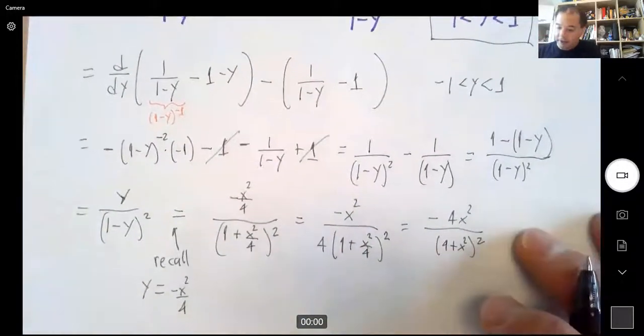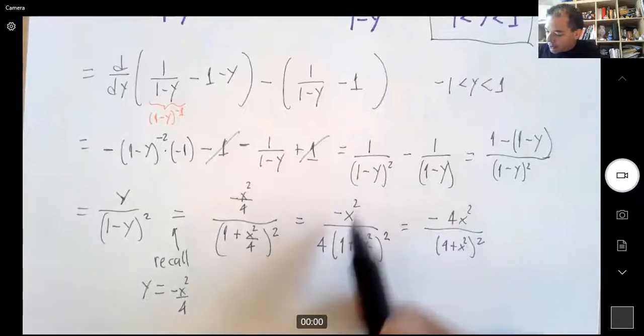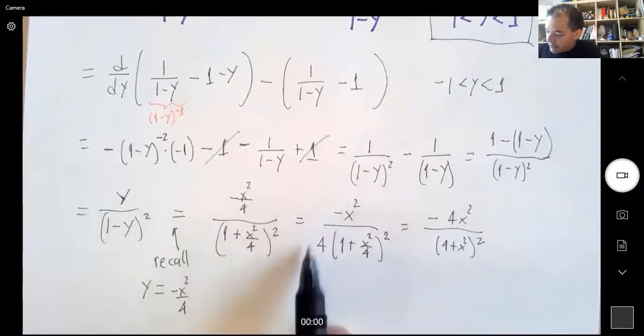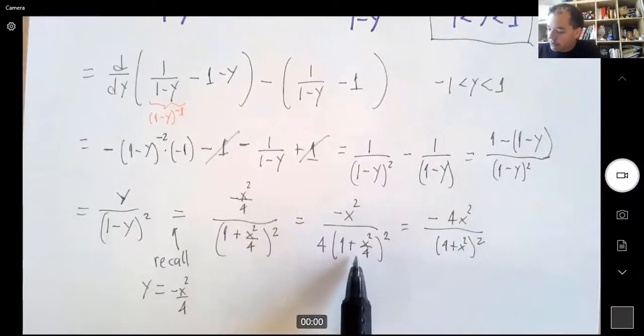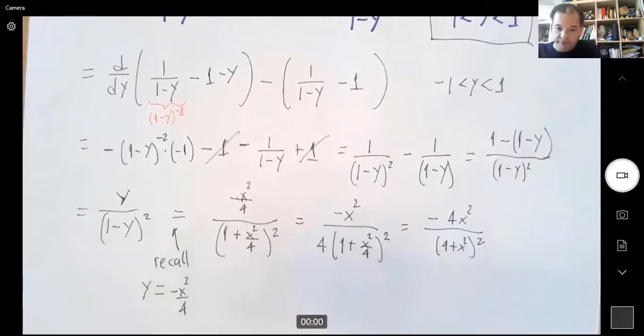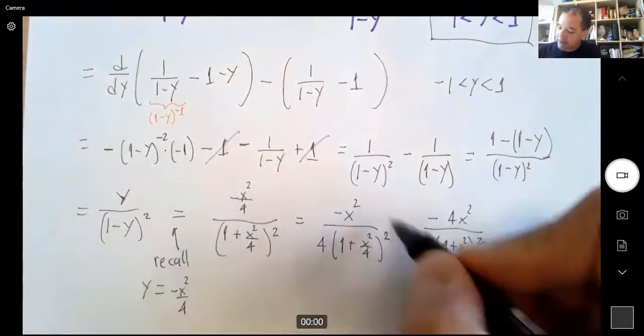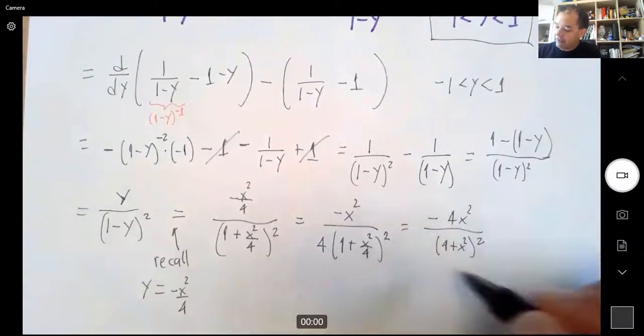That's if I multiply top and bottom by 4, and then that 16 I put inside the square as a 4, and then 4 times x squared over 4 is just x squared, right? That's what you do from here to here. It's a simple simplification, but you can leave it here. That's fine. All right, and so that's the answer.